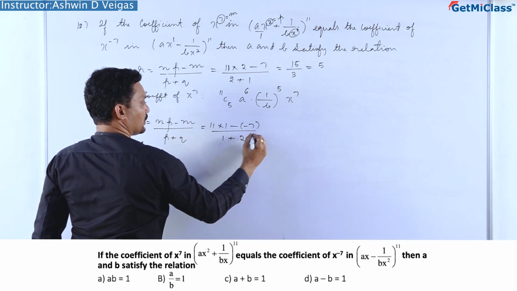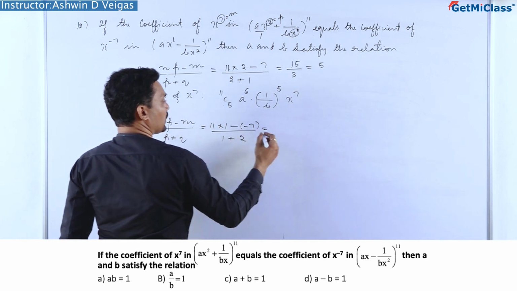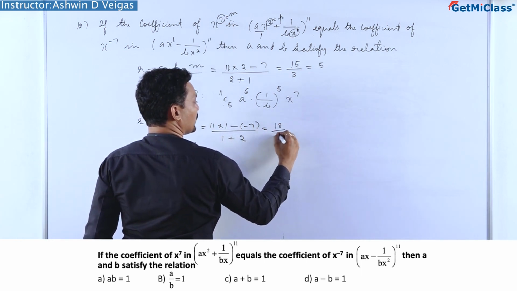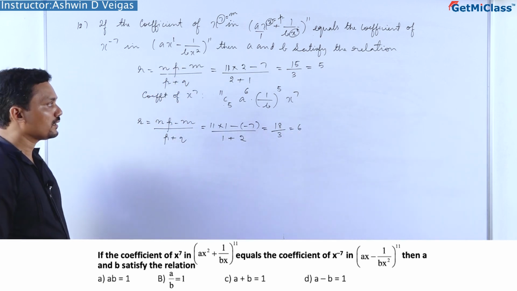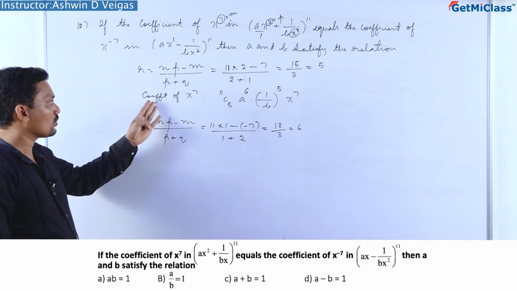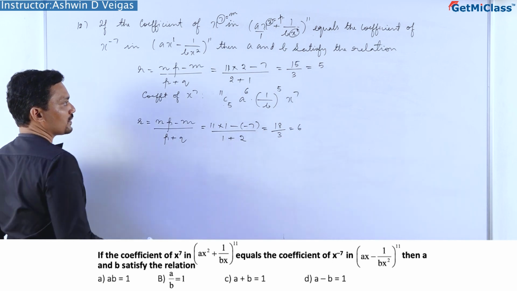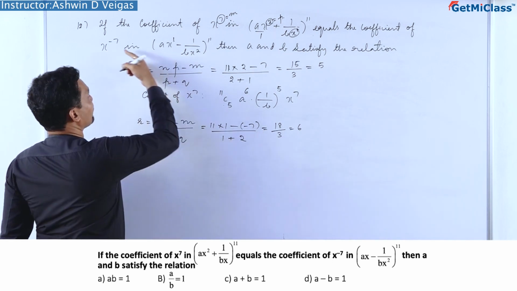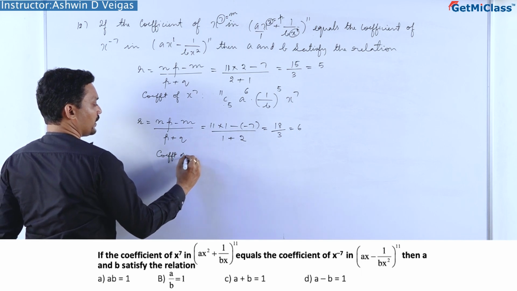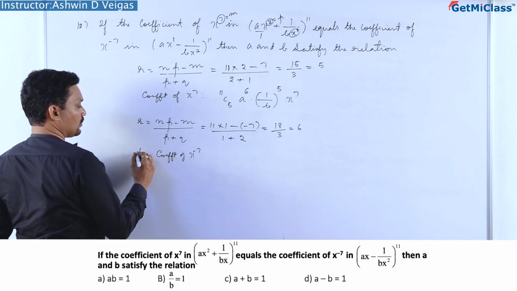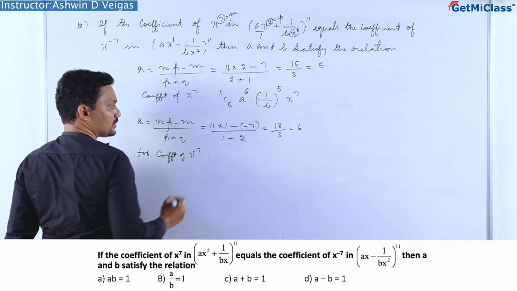So we will get 11 plus 7, that is 18 by 3. So the value of R is 6 here.